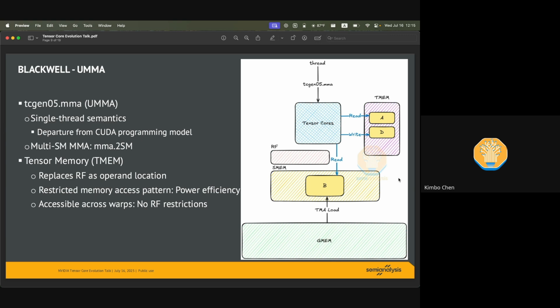By having this, we can simplify some advanced features in Blackwell, such as warp specialization. And by doing so, you don't need the ping pong scheduling in Hopper and have a simplified workflow.